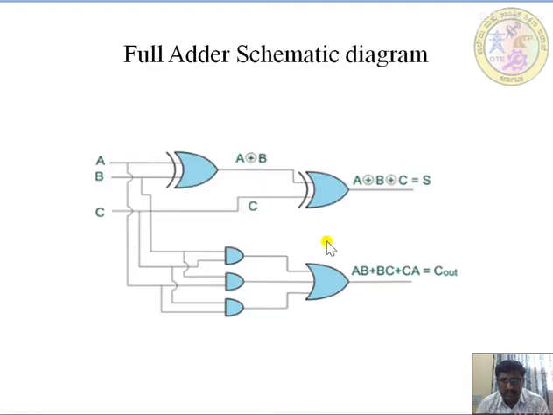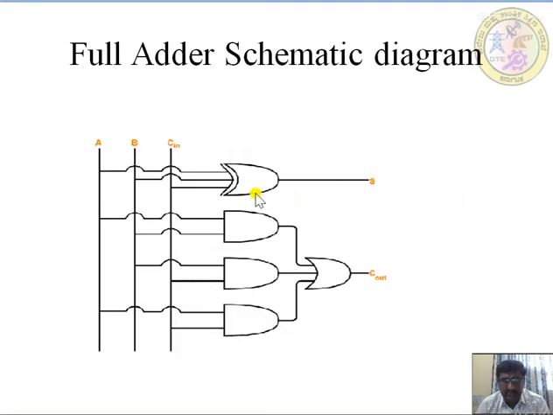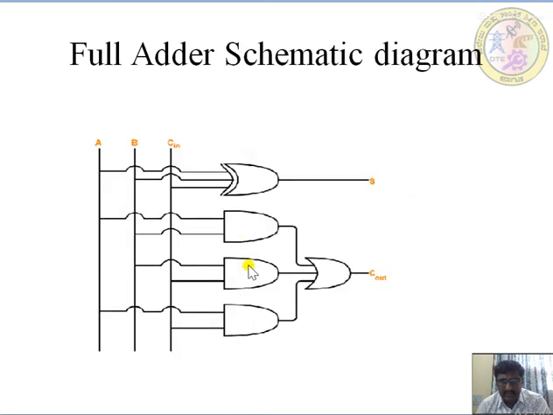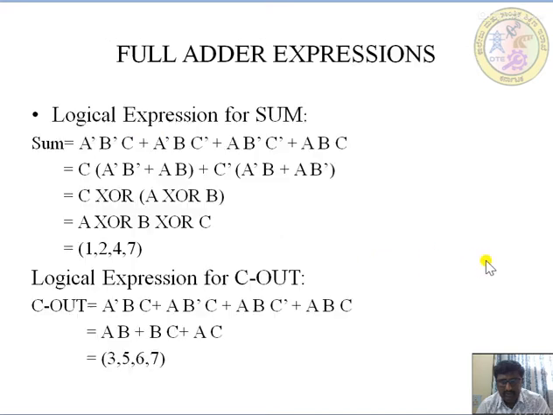In this fashion also you can take it: this is the representation of one half adder and a second half adder, or it can be taken by considering ABC directly as a 3 input XOR gate, that is A exclusive OR B exclusive OR C in, and the remaining part is the same. For carry out, that is AB plus BC plus AC. Whichever you feel is easy you can go for it.